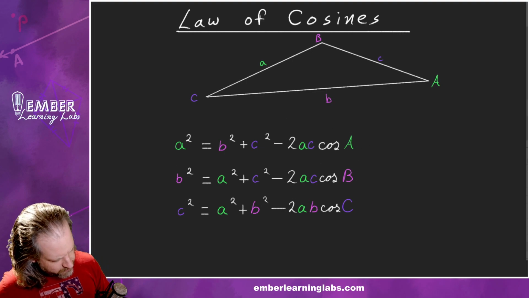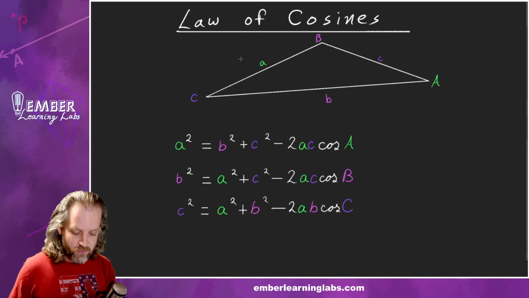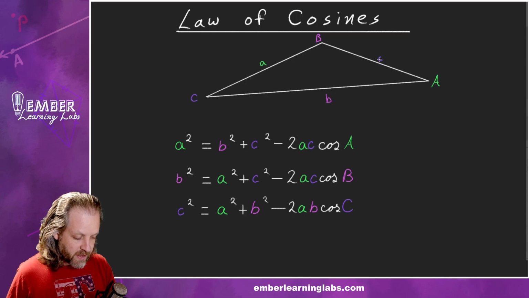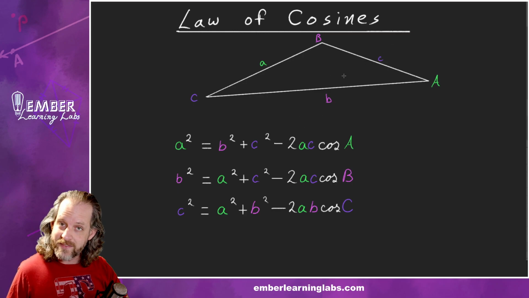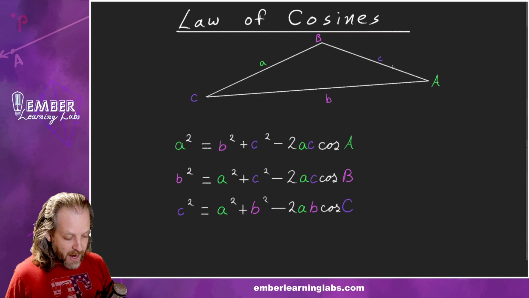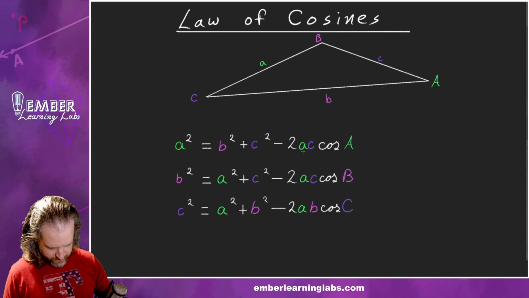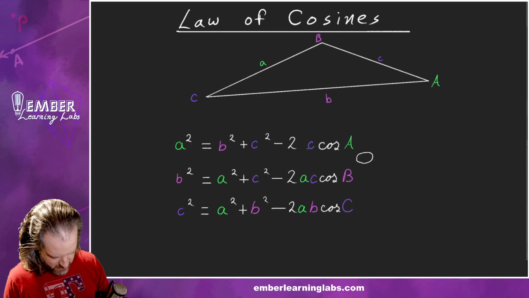Now, all of these follow a pattern. Basically, it says that the side length squared equals the sum of the other two side lengths squared. So in the A direction, A squared equals B squared plus C squared. So it's the ones on the side of it, right? The other two sides, minus 2 times, that's a mistake. There's a mistake in our writing.